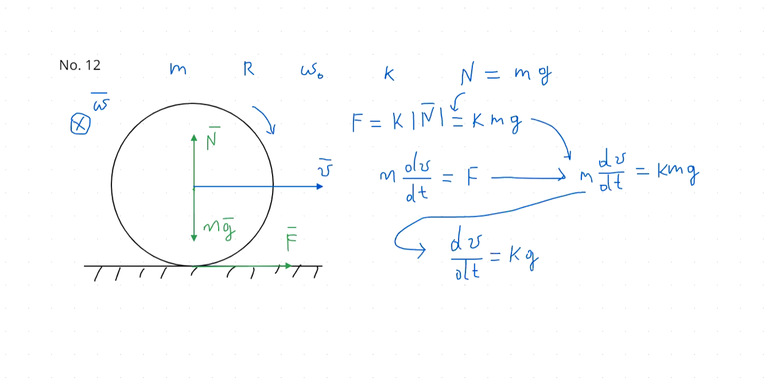How do we find velocity v from this equation?